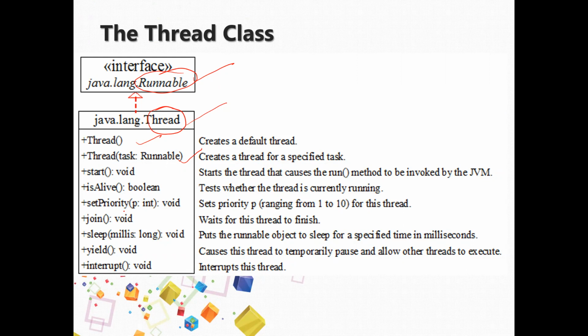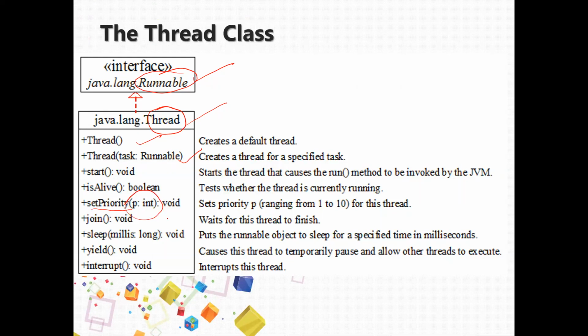In that, a lot of threads will be waiting, and the thread scheduler will pick one thread based on its priority or some other concept. If you want to assign a priority to a particular thread, you use the method setPriority. Priority is a number. And if you want to know the priority of a particular thread, you can use the method getPriority.